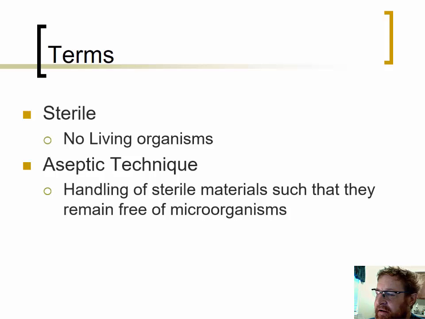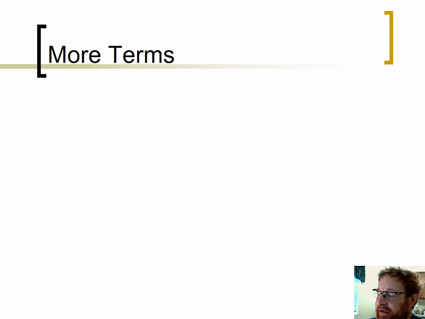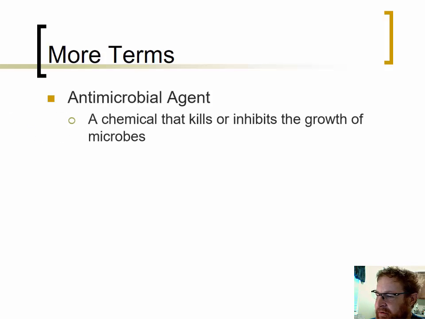Aseptic technique is a method of handling sterile materials so that we don't introduce any microbes into them, so that they remain free of microbes. Aseptic technique is the way you deal with bacteria, say, in a laboratory.